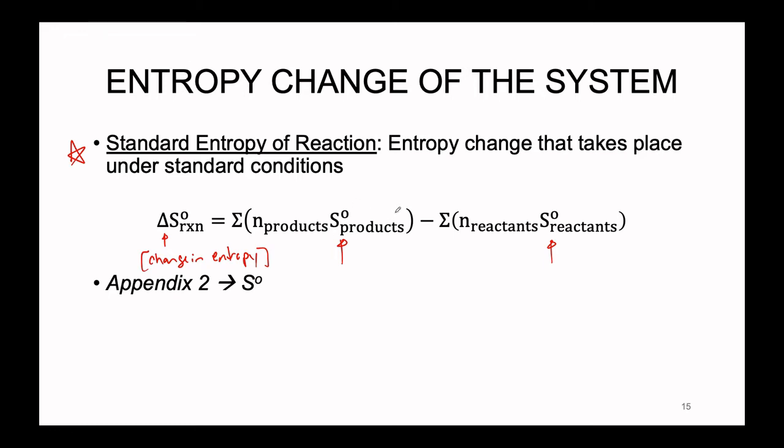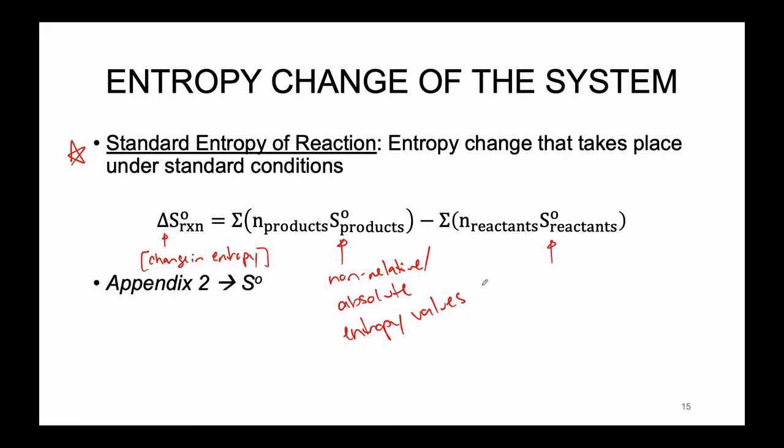The individual products and the individual reactants inside of this equation do not have deltas because they have their own non-relative, absolute entropy values. I just want to point this out. I've had questions about why we have a delta in some cases and why we don't have a delta in others, so I'm just nipping this one in the bud.